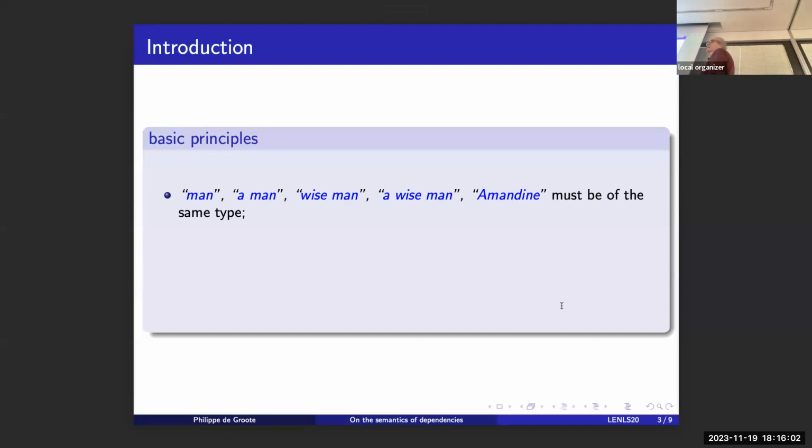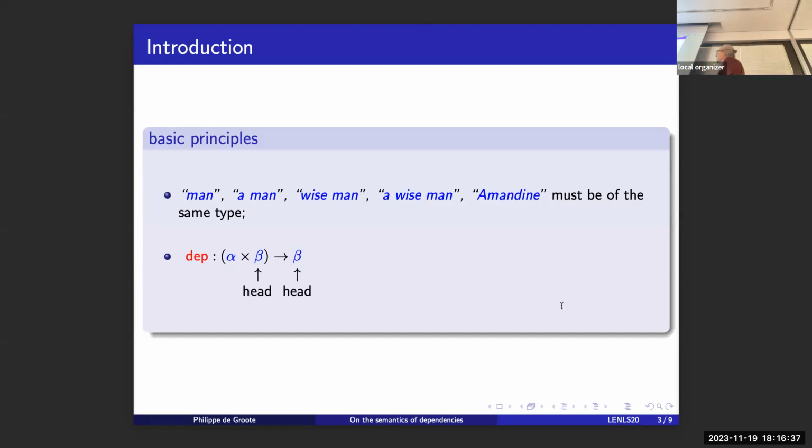And this is a direct consequence of that coherence principle. And then, also, if you look at the dependency relation, it takes two arguments of, say, type alpha and beta. Alpha is going to be the type of the dependent, and beta will be the type of the head. So you take two arguments, but the result of that should have the same type as the head.